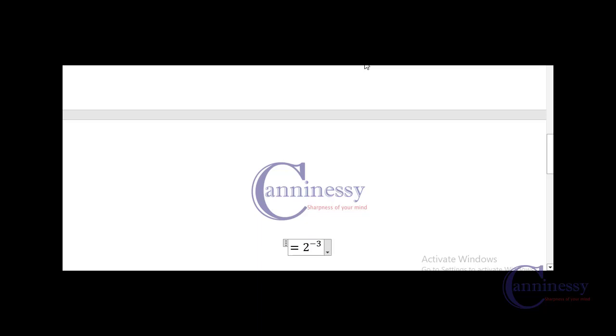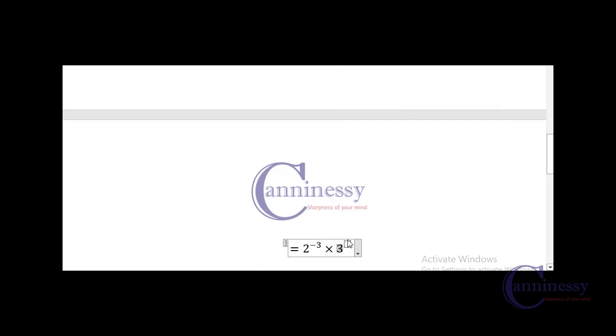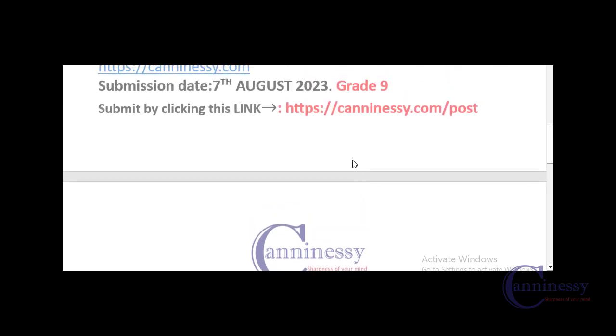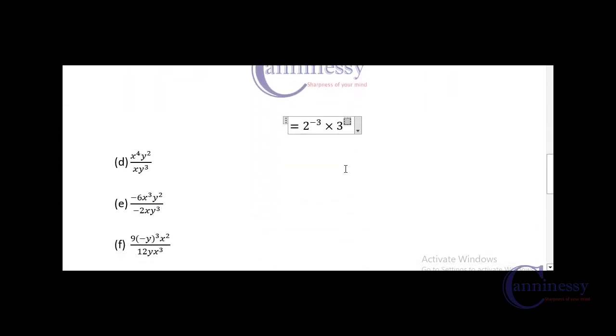Then multiplied by 3 to the exponent 12 minus 8. Previously we had 2 to the exponent 3 minus 8, which is 2 to the exponent negative 5. So 12 minus 8, that will be 4.